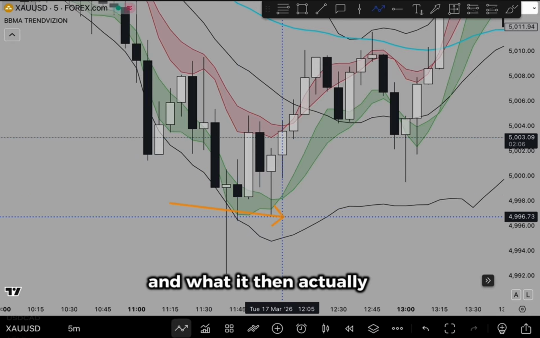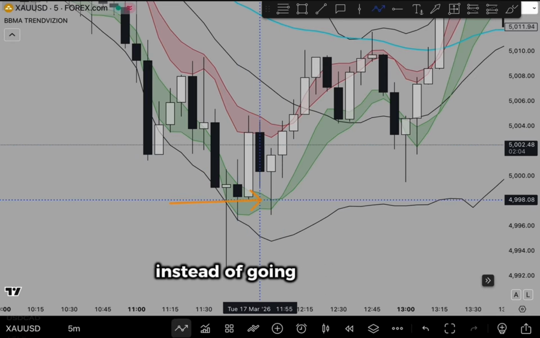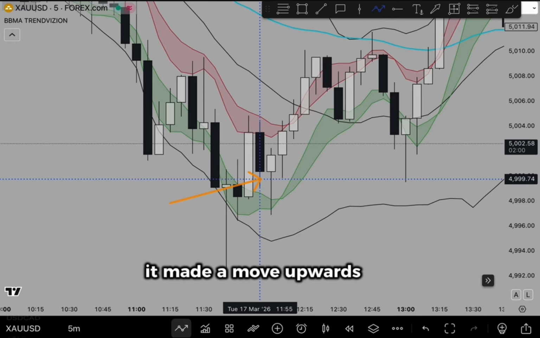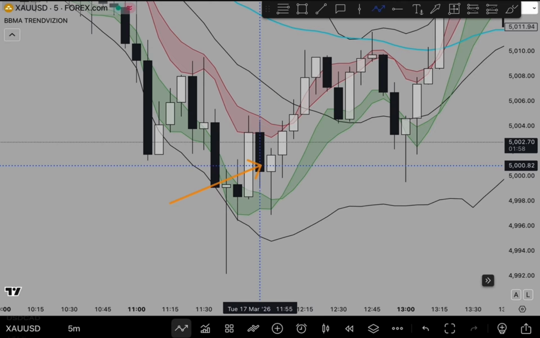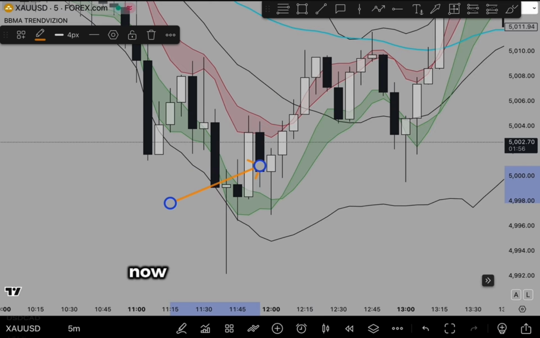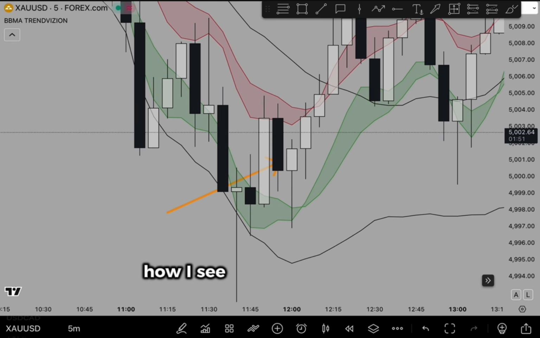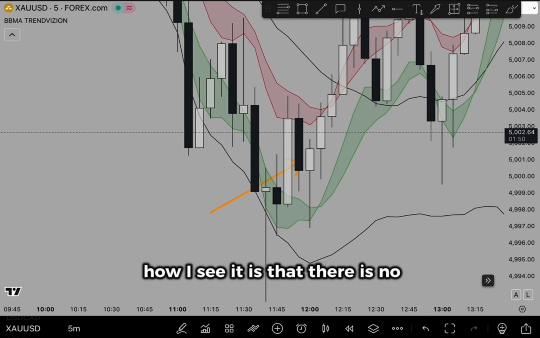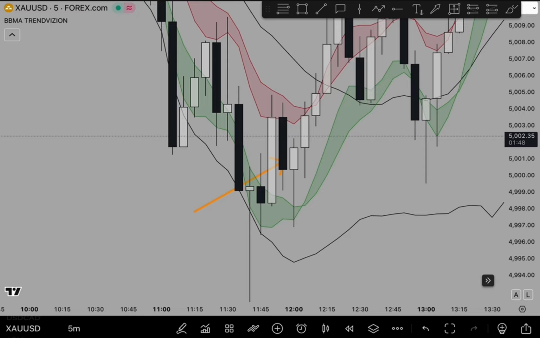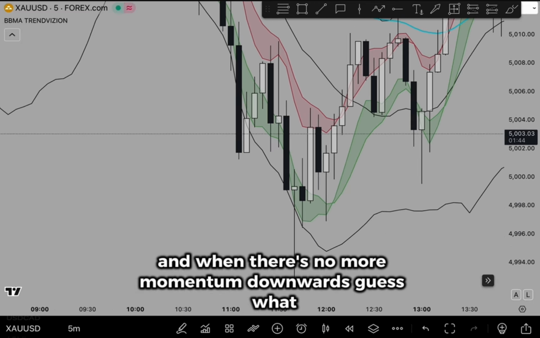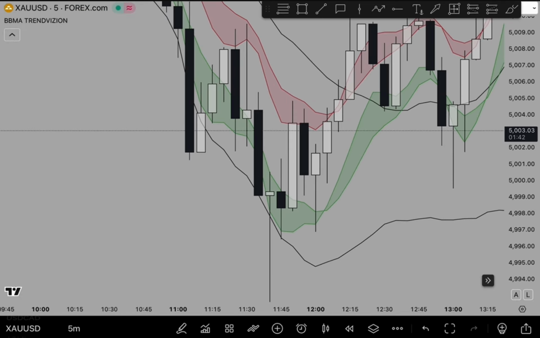And what it then actually did, instead of going down and breaking it, it made a move upwards and closed bullish. Now, what this means, at least for me, is that there is no more momentum, okay? And when there's no more momentum downwards, guess what? Price is going to go up.